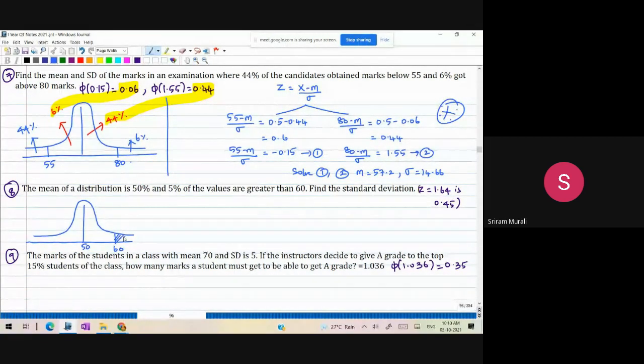How many of them are here? This is 5%, am I right? Then how much is remaining? 45%. Remaining area will be 45.